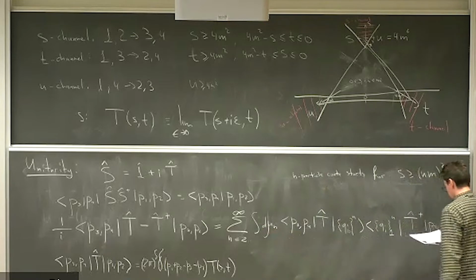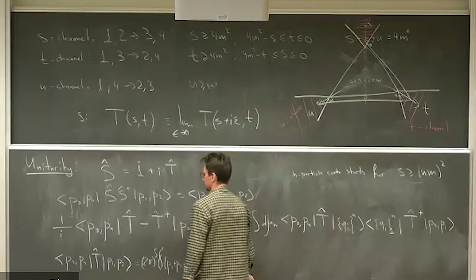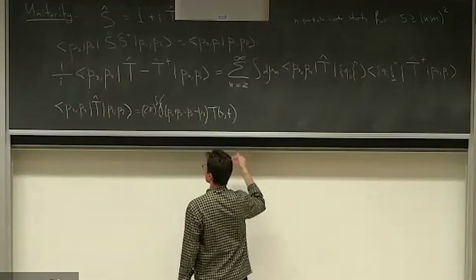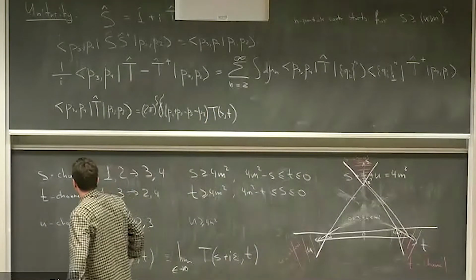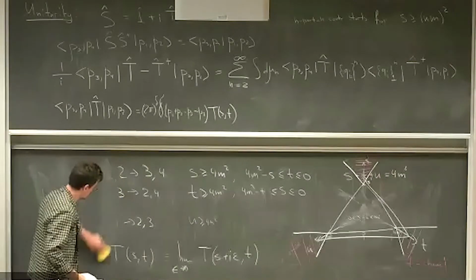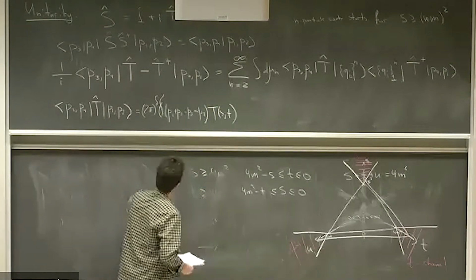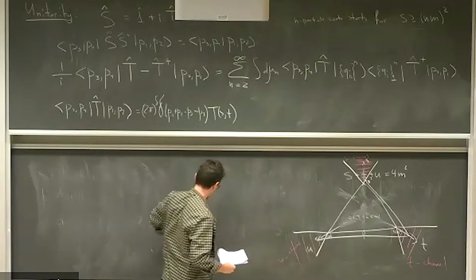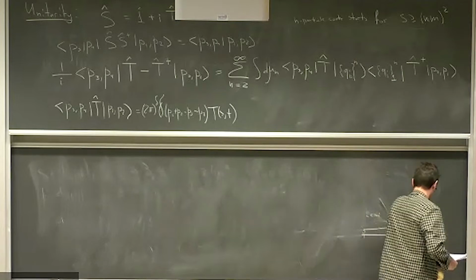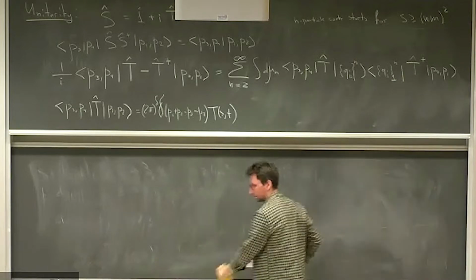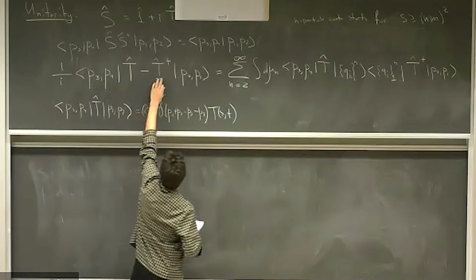Now let me massage a little bit the left-hand side. You see that on the left-hand side, we have this T dagger, and let's get rid of it. Let's take this part, 3, 4, T dagger to 1.